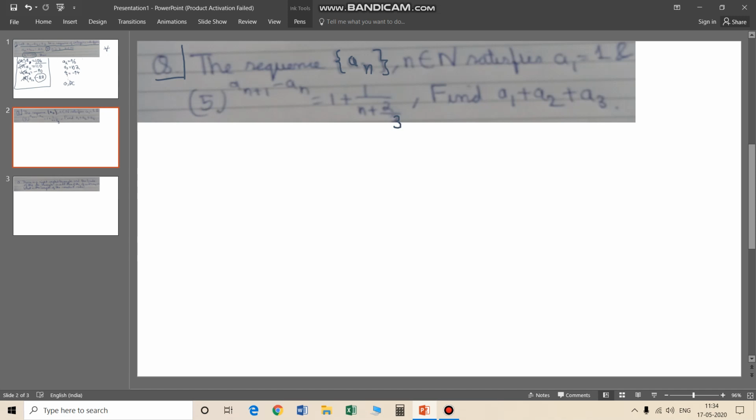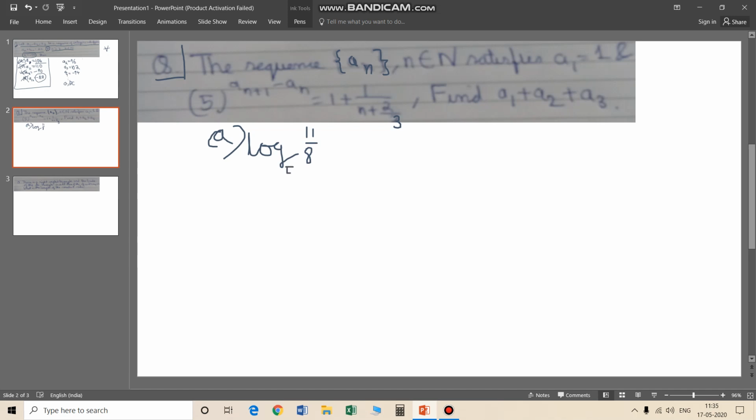Let me give you the options here. What can be the options here? The answer will be in log form. I can't claim that the answer is in log form, but it may be.